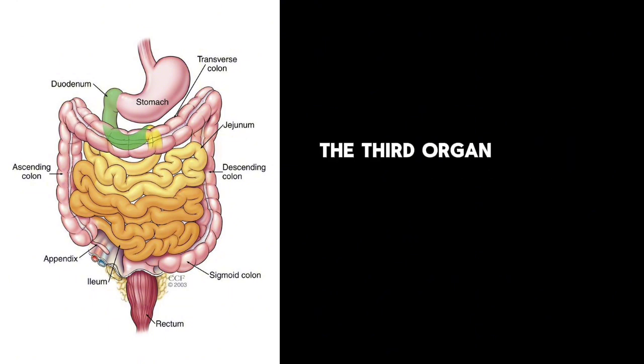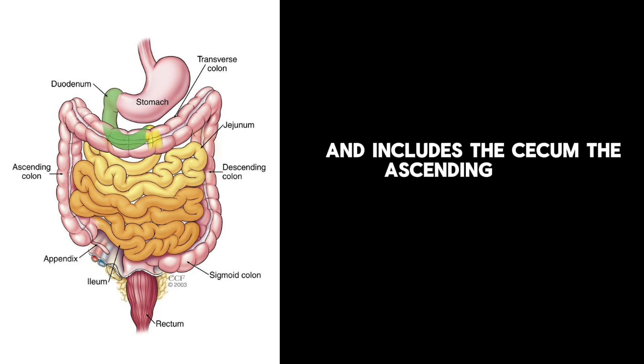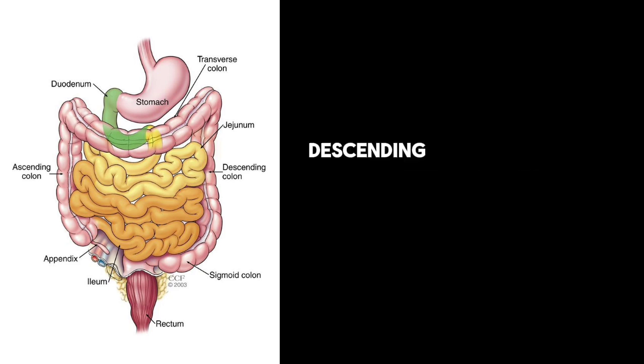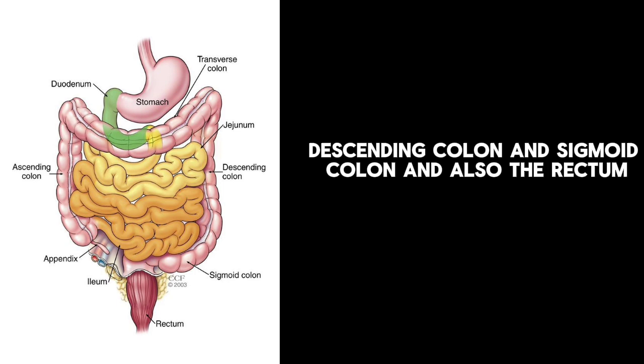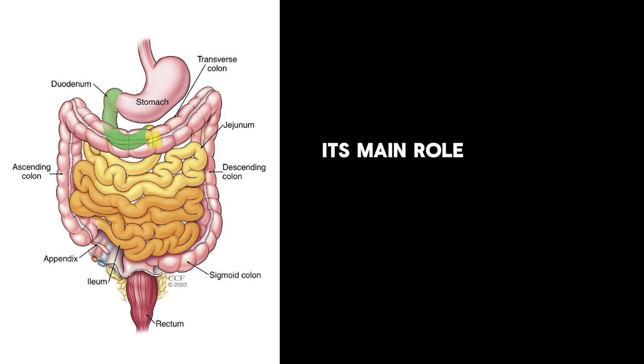The third organ is the large intestine, also called the colon. The large intestine frames the abdomen and includes the cecum, the ascending colon, transverse colon, descending colon, and sigmoid colon, and also the rectum. Its main roles include water absorption and feces formation.